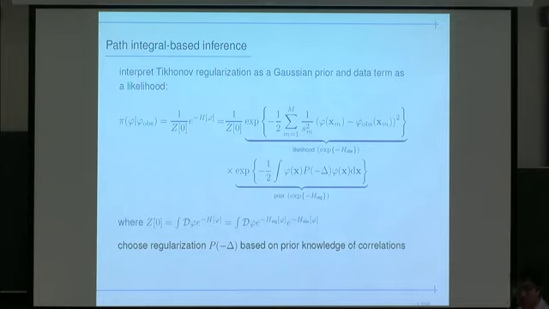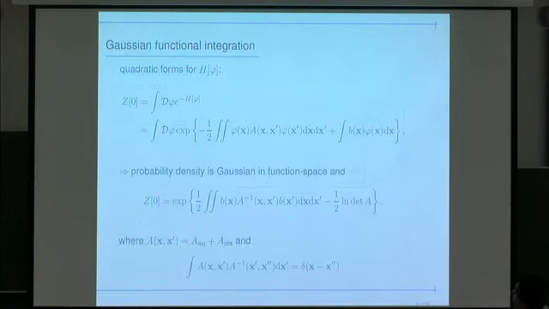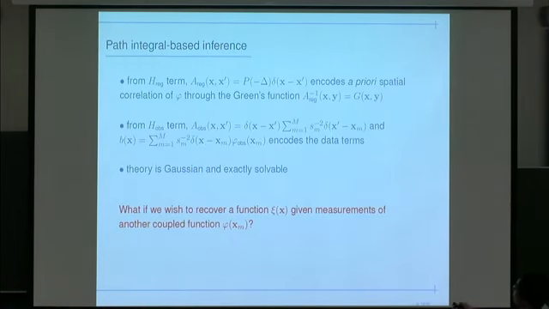This partition function really is a generating function, and I generate it with the generator J here, which I set to 0 in this case, just for normalization. So if I put in another linear term, I can calculate all correlation functions of the reconstructed function I want to get, that interpolates my measurement points. So that's just interpolation.